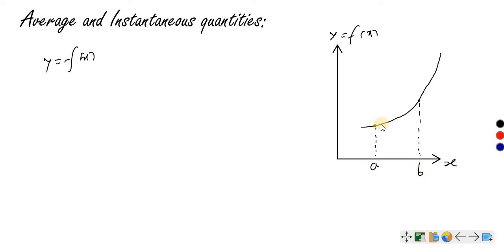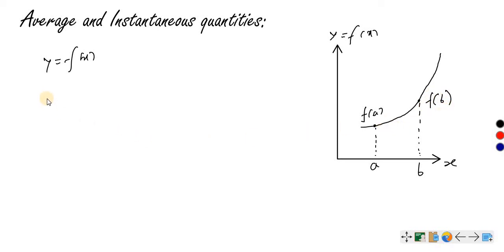If I ask what the average value of this function f of x is between the points a and b, then our simple answer will be the slope of the line passing through these two points. Here the value of f of x is f of a, and here the value of f of x is f of b.